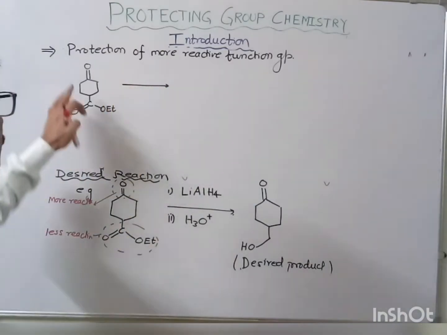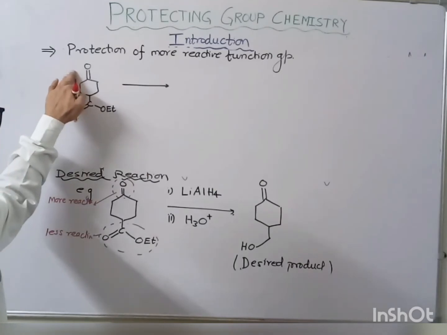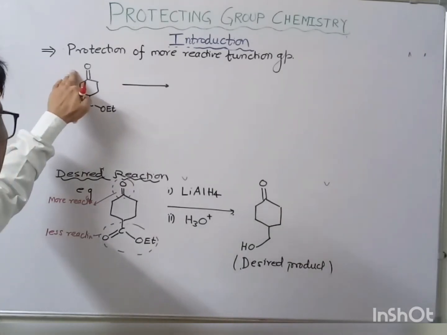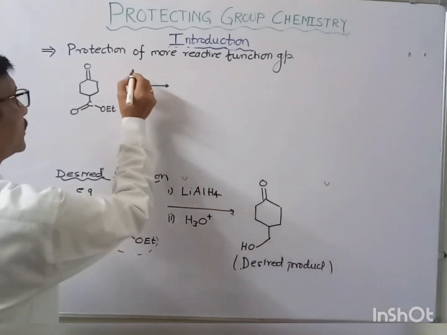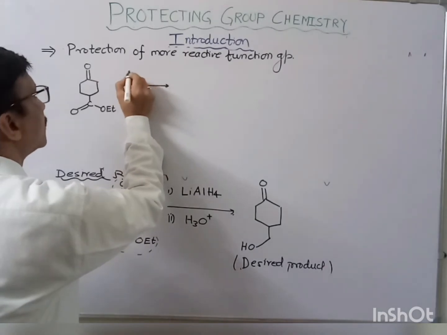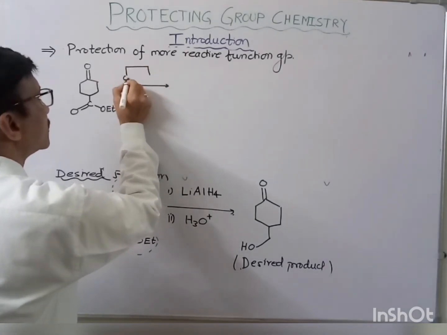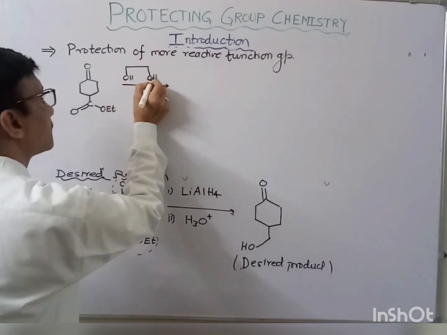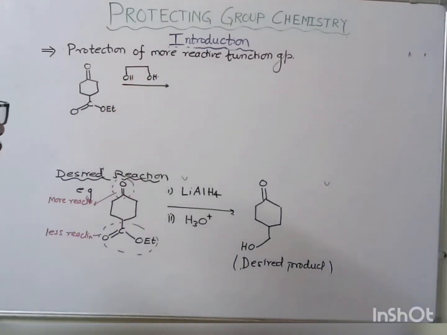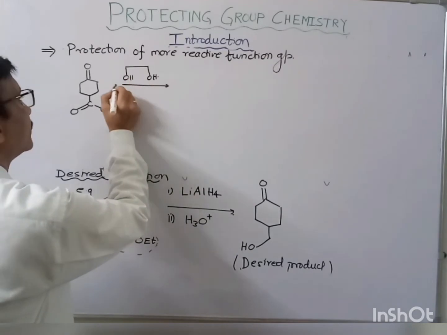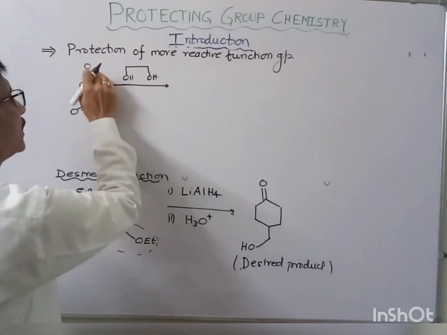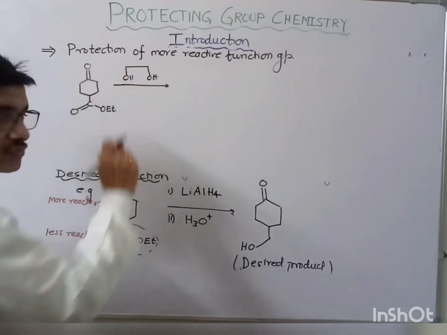To protect this keto group or carbonyl group, we can use a diol. First we acidify it and then we use the diol.